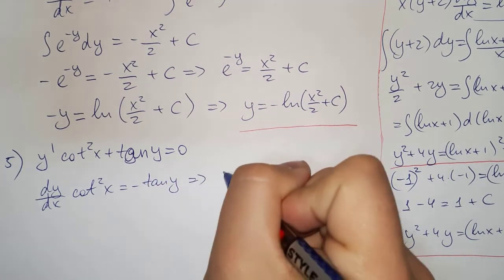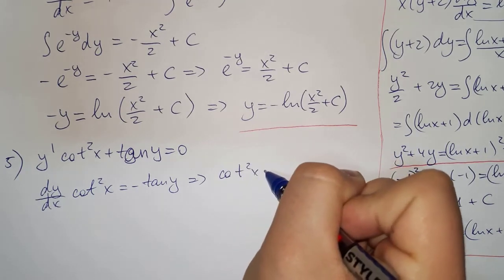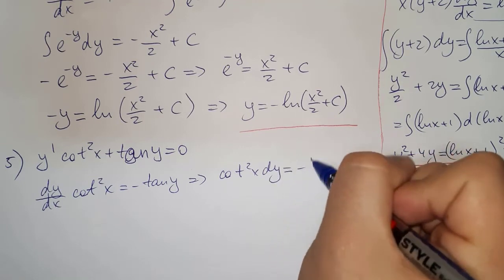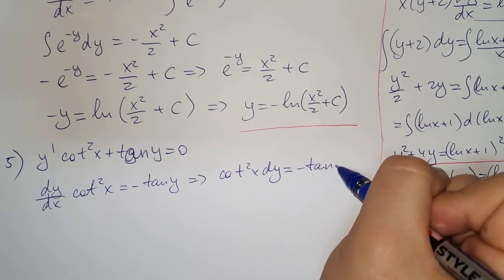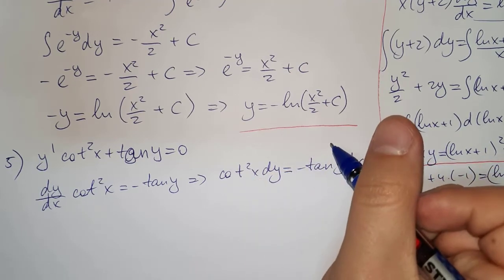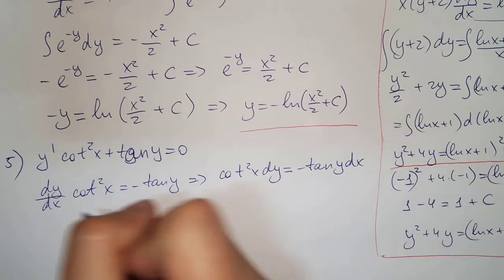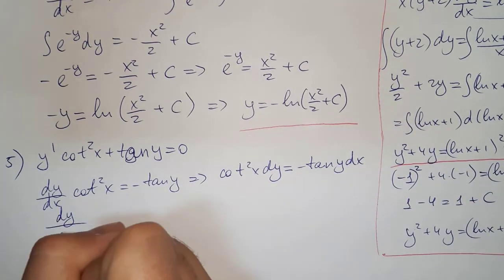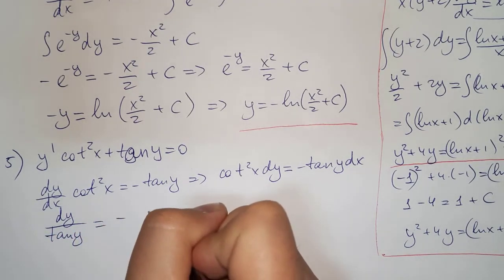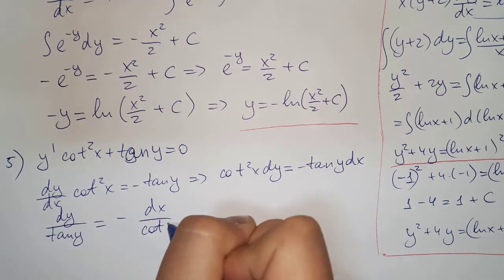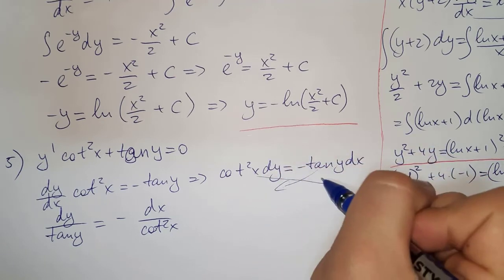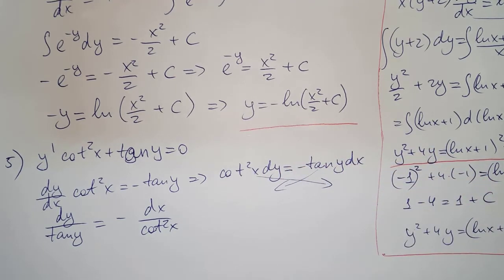So hence we have cotangent squared x dy equals minus tangent y dx. So we need to divide now, and we get dy over tangent y equals minus dx over cotangent squared x. It's dividing here, and this one goes to the right side.